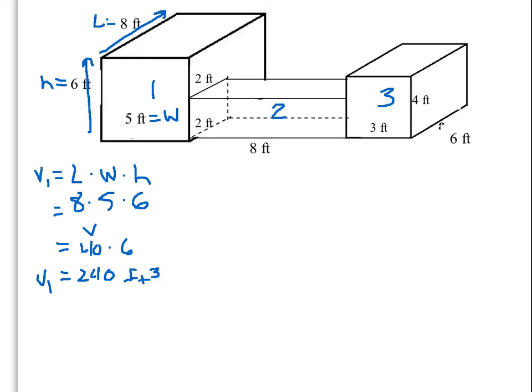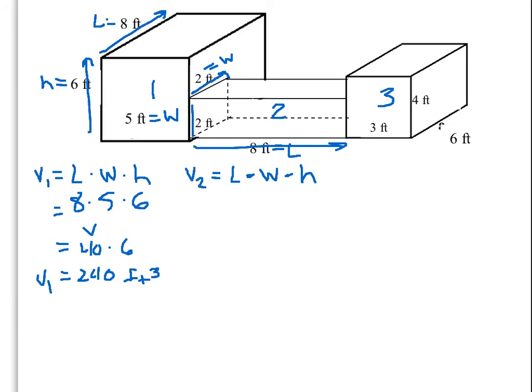All right, so let's move on to the hallway. What shape is the hallway? Rectangular prism, okay. And so that means we again are going to be using length times width times height. And we need to label our pieces here. I think about this being my length, so I'm going to label 8 as my length. I think about this as my width, so that's going to be equal to 2.